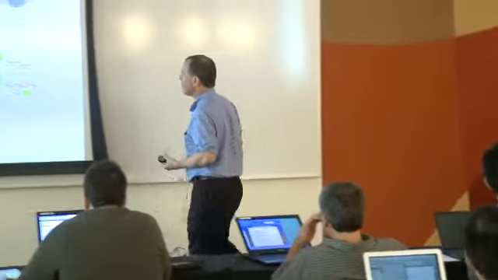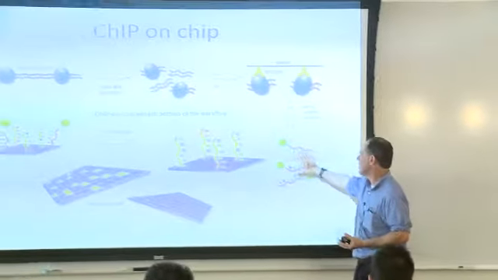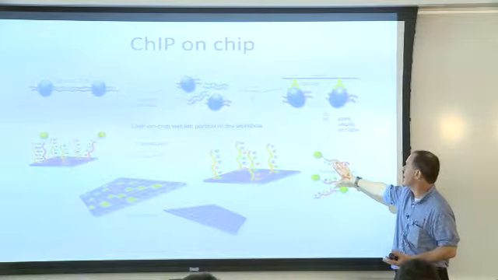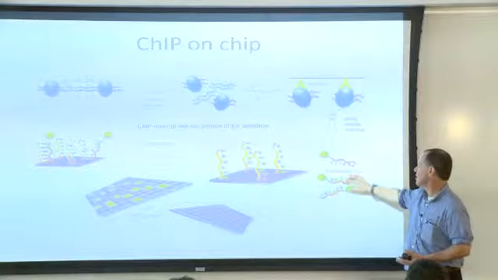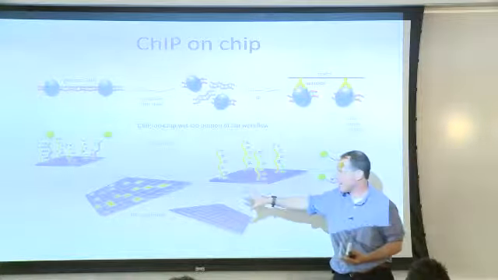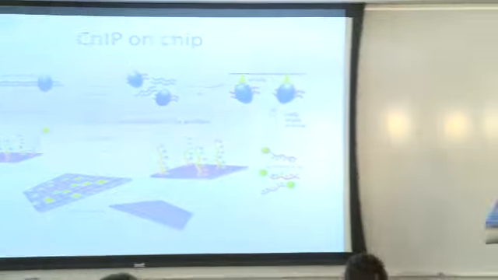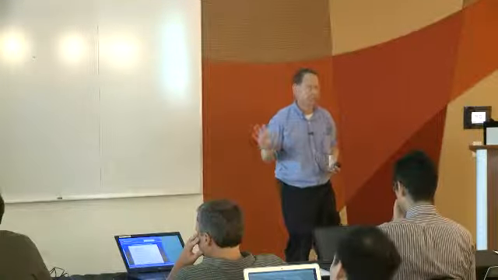And so that's shown here, in which the DNA that's been pulled down is amplified and labeled, and then once it's made fluorescent, it's hybridized to a microarray. And so these methods took advantage of the existence of high-resolution microarrays, both Affymetrix arrays and arrays based on custom oligonucleotide synthesis. So this method is called chip-on-chip, in case you're wondering.